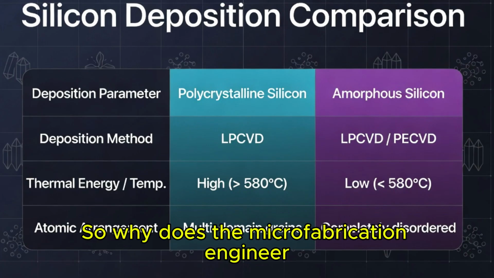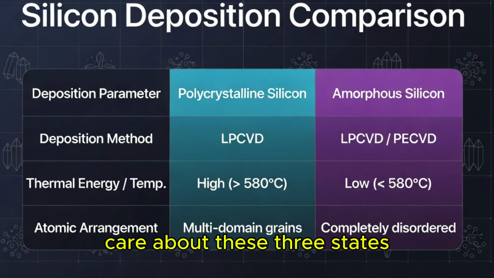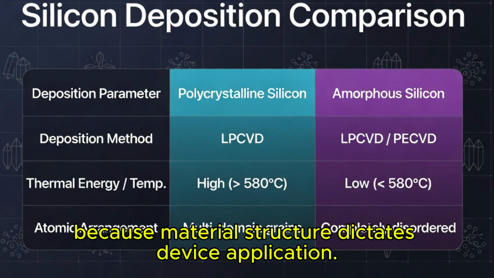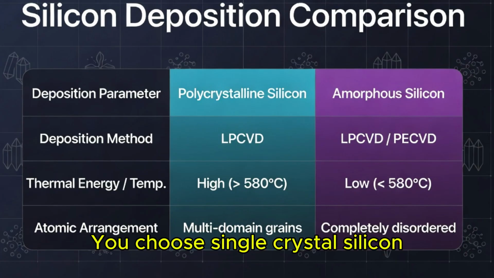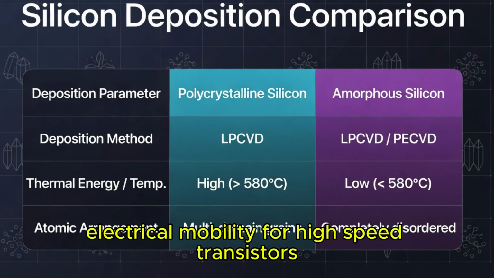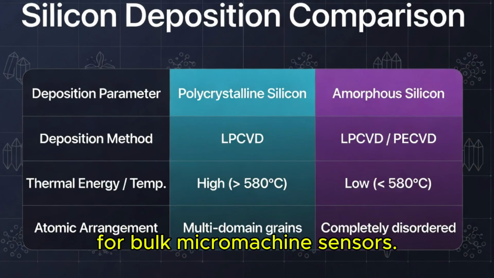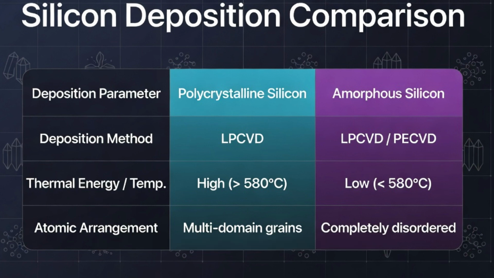So, why does the microfabrication engineer care about these three states? Because material structure dictates device application. You choose single crystal silicon when you need pristine electrical mobility for high-speed transistors, or highly predictable mechanical behavior for bulk micromachined sensors.